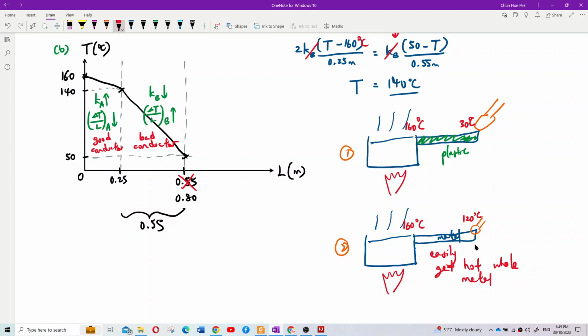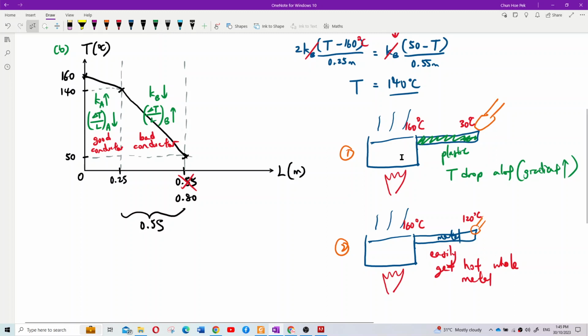This one, the drop of temperature for a bad conductor is big. The temperature drops across the plastic very fast. The gradient of temperature is big.